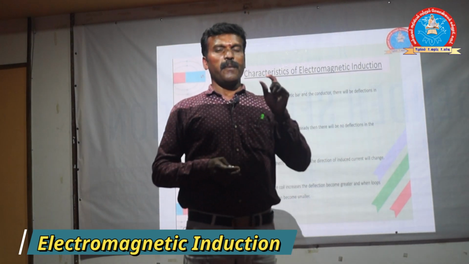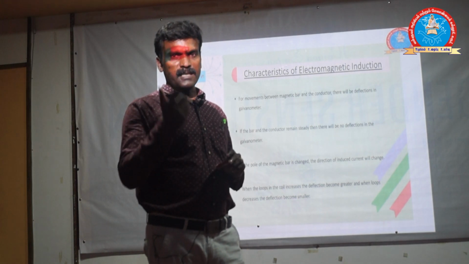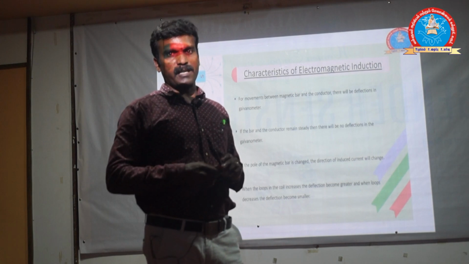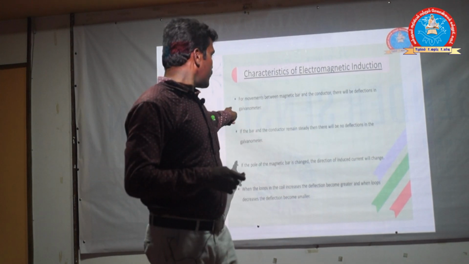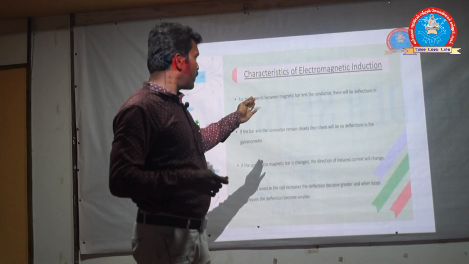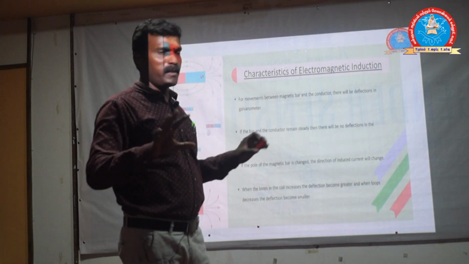A galvanometer is a measuring instrument of current. So the deflection shows that current is created. If the bar and the conductor remain steady, there is no deflection, so current is not produced.